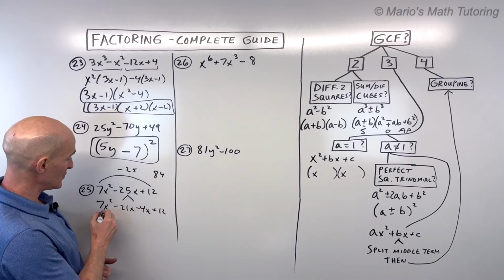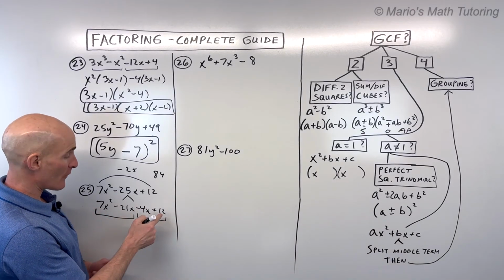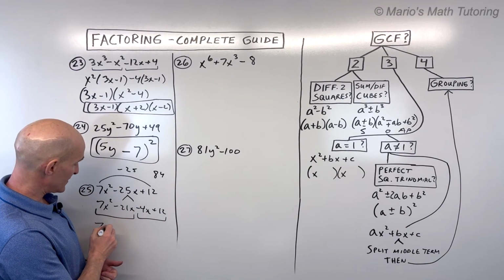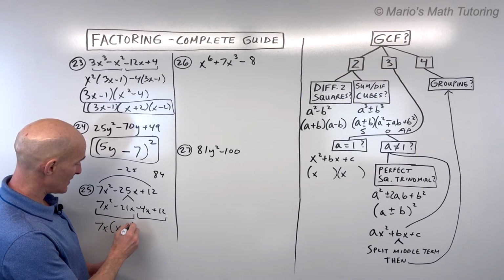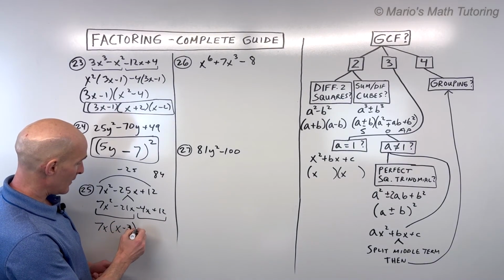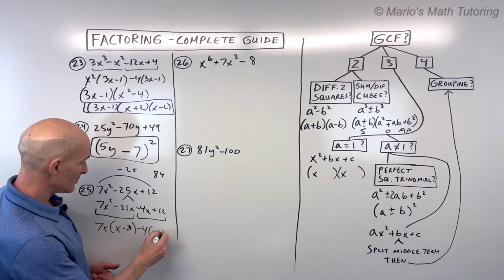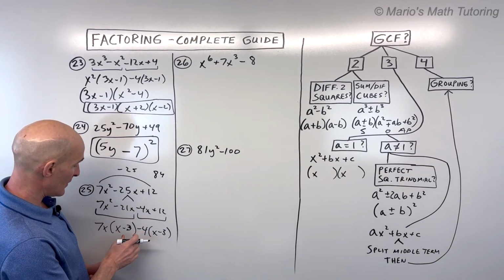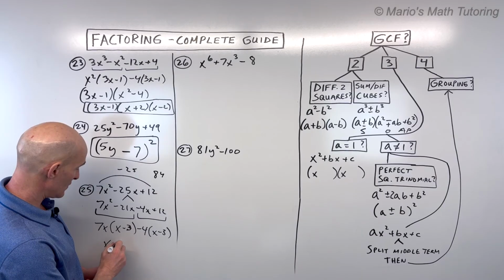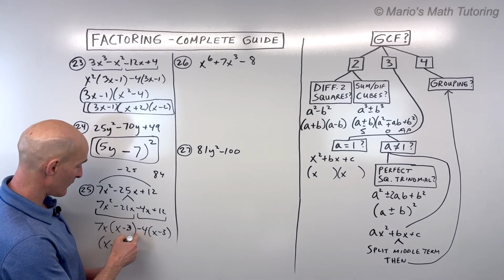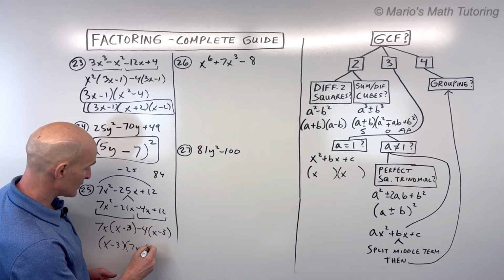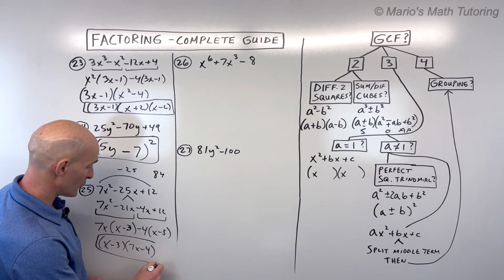And then now what we can do is factor by grouping because we have 4 terms. So I factor out the 7x, we get x minus 3. And if I factor out the negative 4, x minus 3 again, we can factor out that x minus 3 as a greatest common factor, and we're left with 7x minus 4, and that's fully factored.